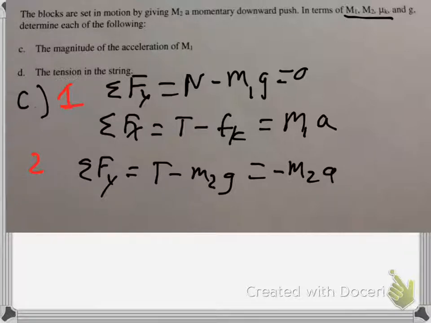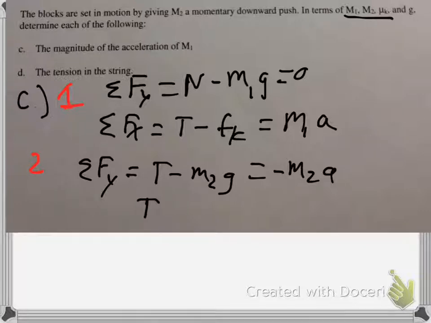This is really similar to the Atwood machine derivation that you did for your lab. It doesn't really matter what we do, but we need to solve for T and substitute it into the other equation. It doesn't matter which one. I'm just going to use the one for block 2 because I have the most room there to write.